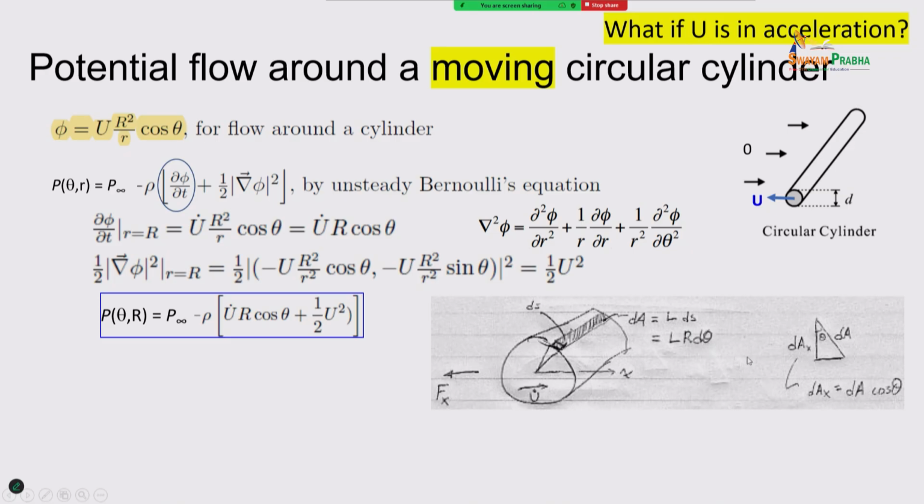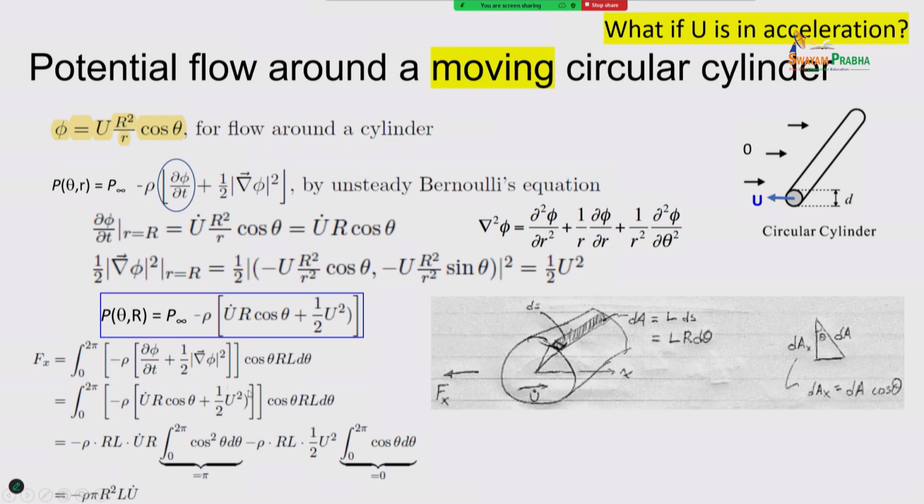Now if you want to calculate the pressure force, you already know the pressure. Pressure times this area, and you do the integration, projecting into the x direction. As a result, you do the integration and find out that now we have a force.